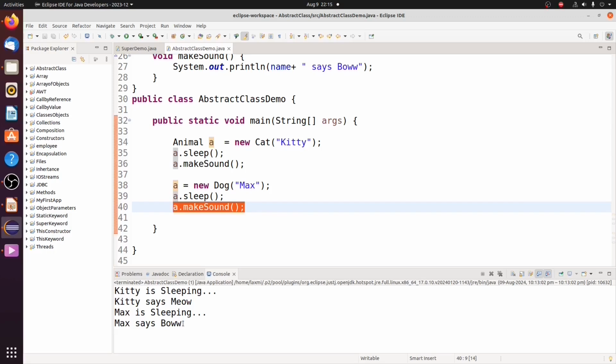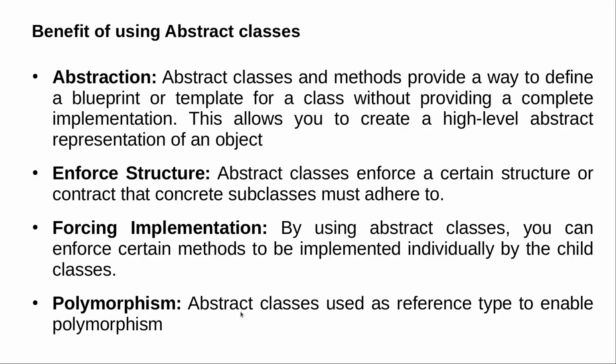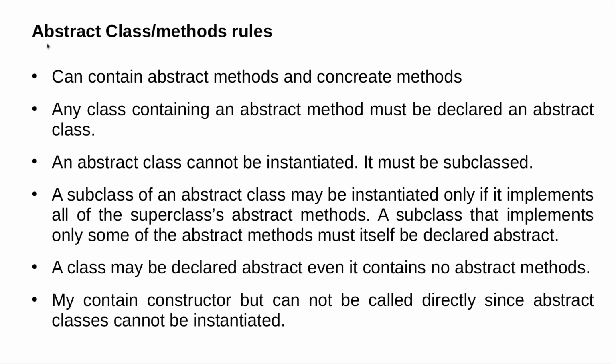From this example, we can observe that Java is able to determine the appropriate implementation of makeSound at runtime in each case. Here, the Animal abstract class is used as reference type to enable polymorphism. Let us see some of the rules of abstract classes and abstract methods. Abstract class can contain abstract methods and concrete methods also.